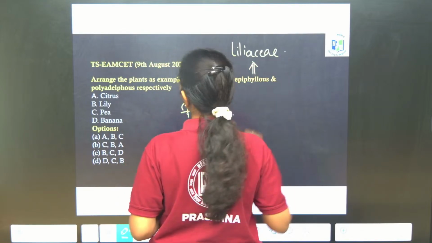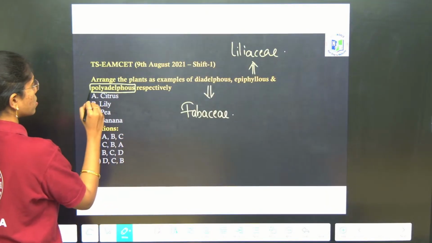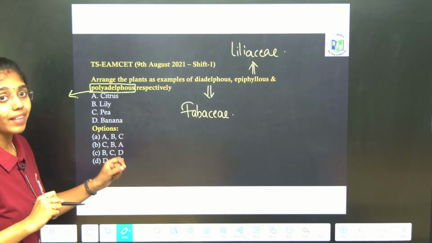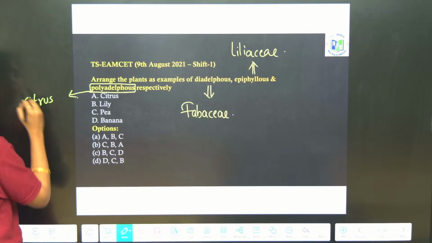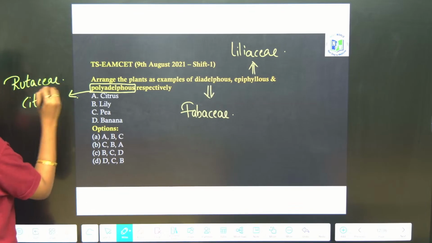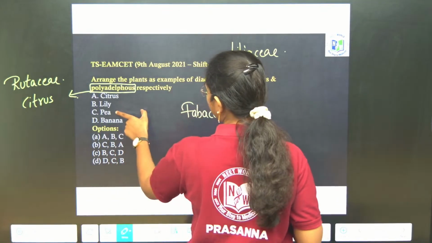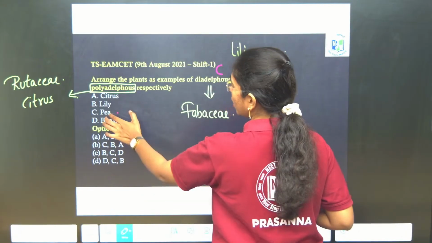Polyadelphous condition is seen in citrus, that is cohesion of androecium observed in citrus. The family is Rutaceae. Here you see ma, first is Fabaceae member, that is P.